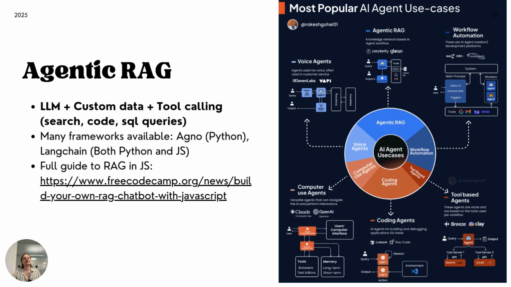The next step from this, that you probably come in contact with every day because you use coding agents, is also basically an agentic RAG. Because your code base becomes an extended context.